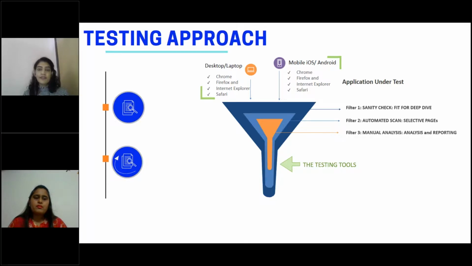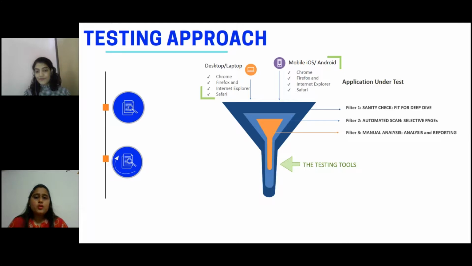Say there are multiple work streams working in parallel, functional testing, performance, and the build is simultaneously released for all of them. A single sanity check, which gives us the assurance that the build release is stable, suffices for all three. It need not be a dedicated filter for accessibility, because the purpose is the same as for any other testing: to find whether the application is stable enough to proceed. Yes, absolutely. Thanks.